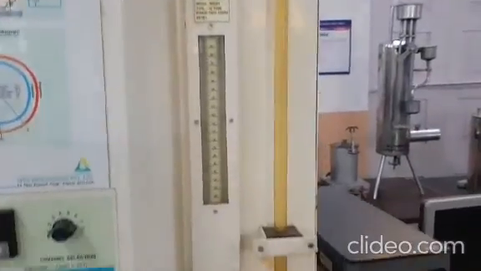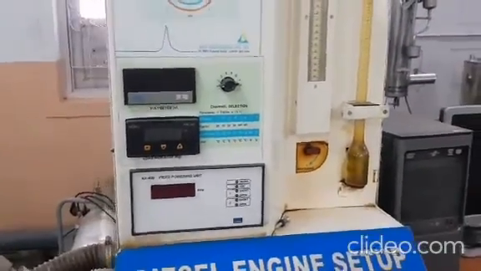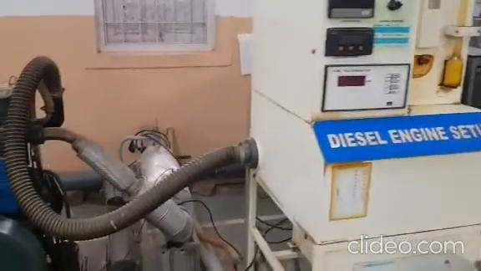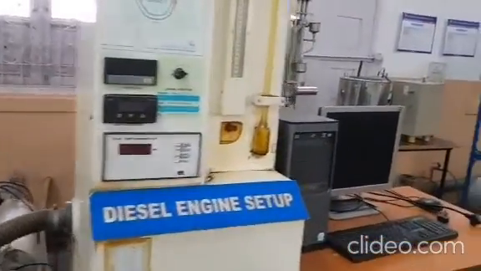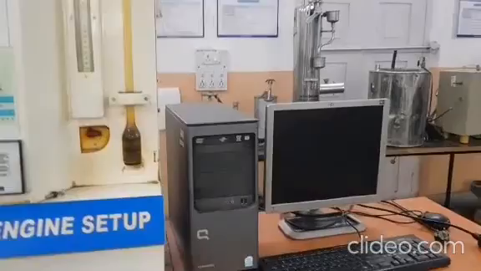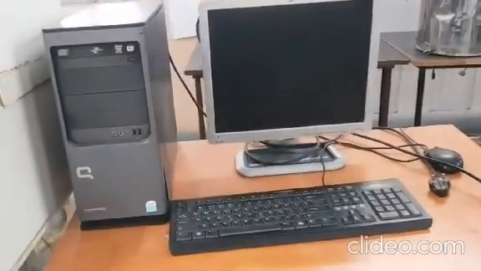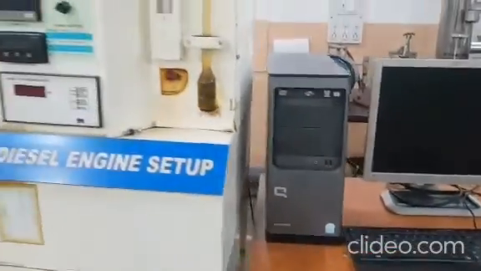Using this, you can measure the fuel being consumed by the engine. So this was about the diesel engine test setup. It is a computerized setup, interfaced with the computer here, and all the readings can be observed on the computer also.